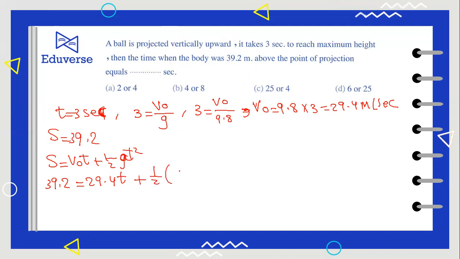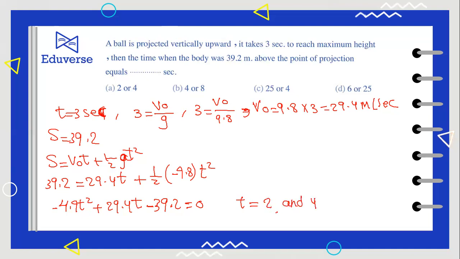Gravity here, the body is returning back, so I will put gravity as negative 9.8 multiplied by T square. I have an equation in second degree: negative 4.9 T square plus 29.4 T minus 39.2 equal to 0. Time has two values, 2 and 4. Then I will take the 2 times. If one of them is negative, I will refuse it. But here the 2 values can be a time.